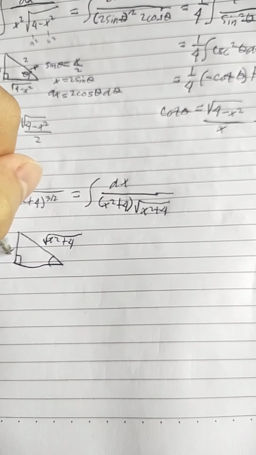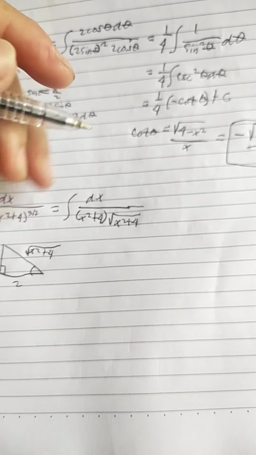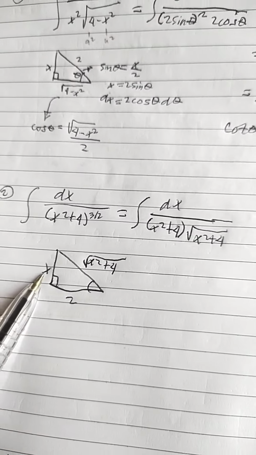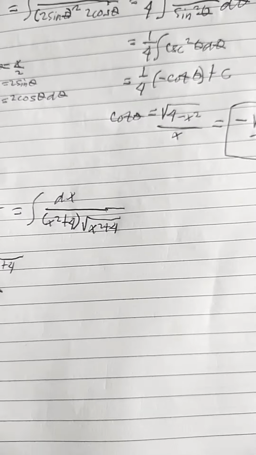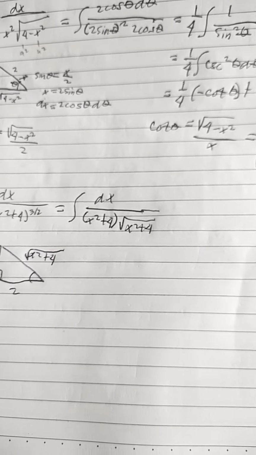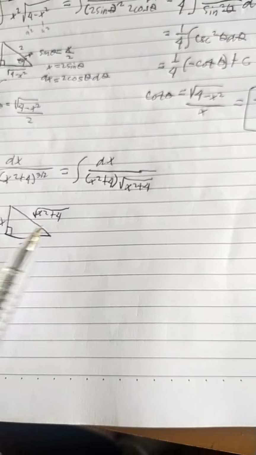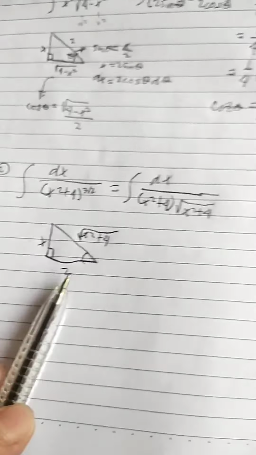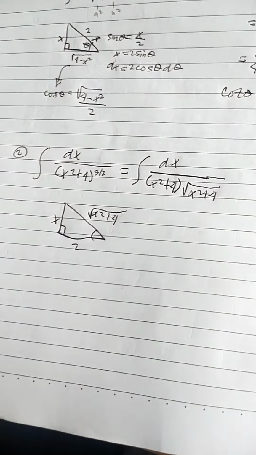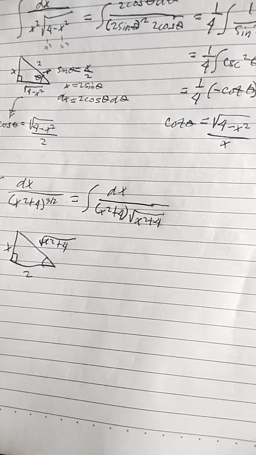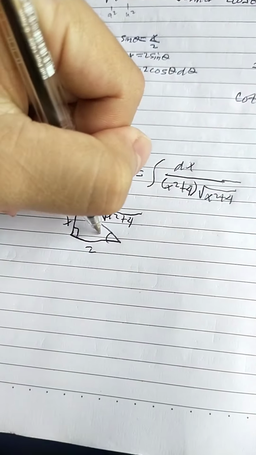Then this is our x, and this is our 2. We get this x because the square root of x squared is x, and the square root of 4 is 2. Then this is our theta.